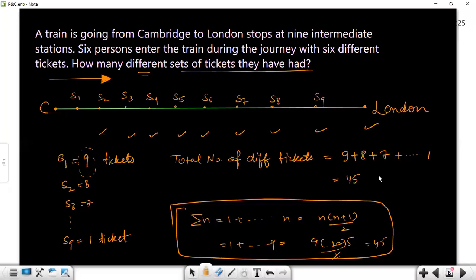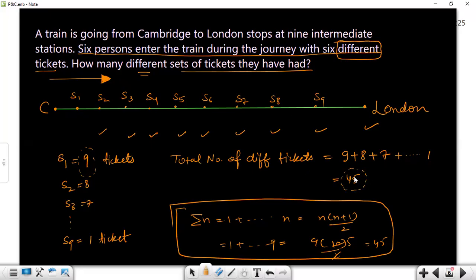Yes, sir. So now in the question it is given that 6 persons enter the train during the train journey with 6 different tickets. So 6 persons will be having 6 tickets, and it is also given that they all are different tickets. Okay, how many different tickets are possible is 45.